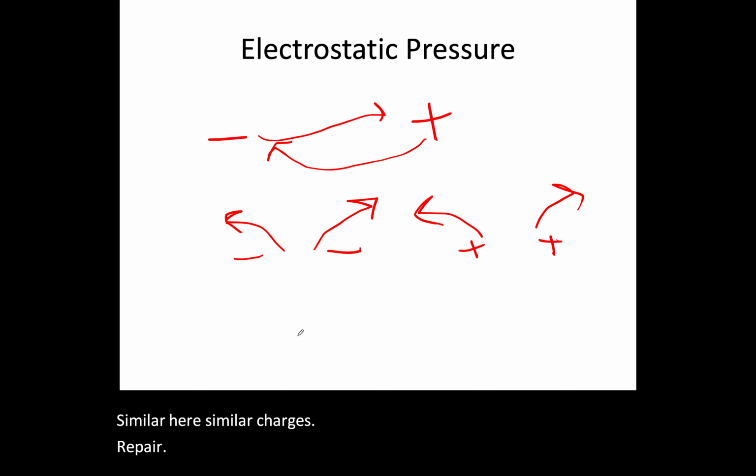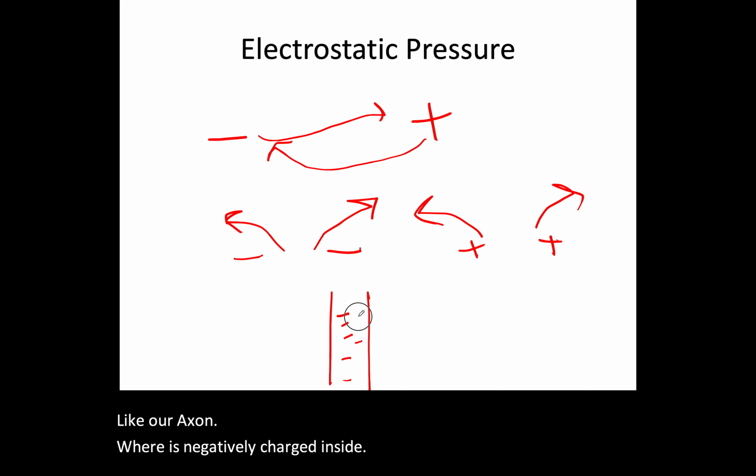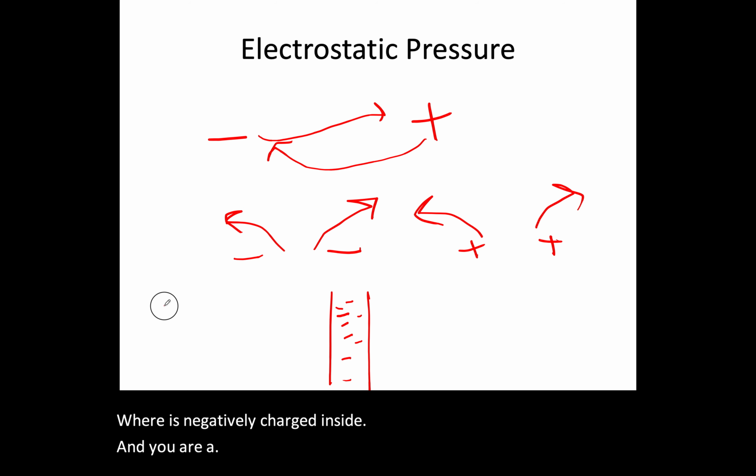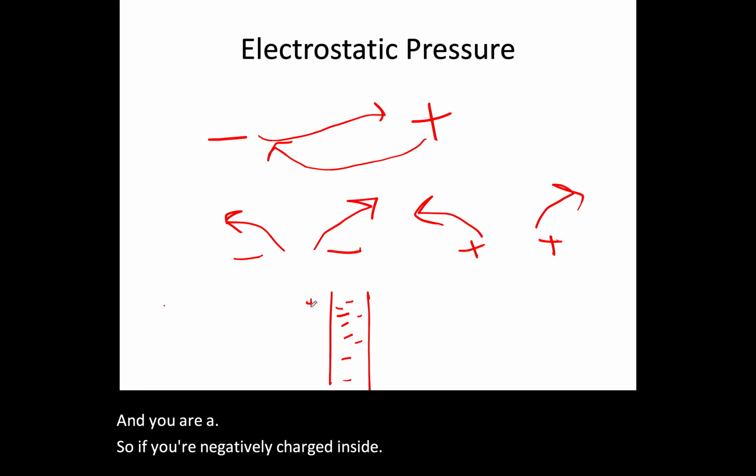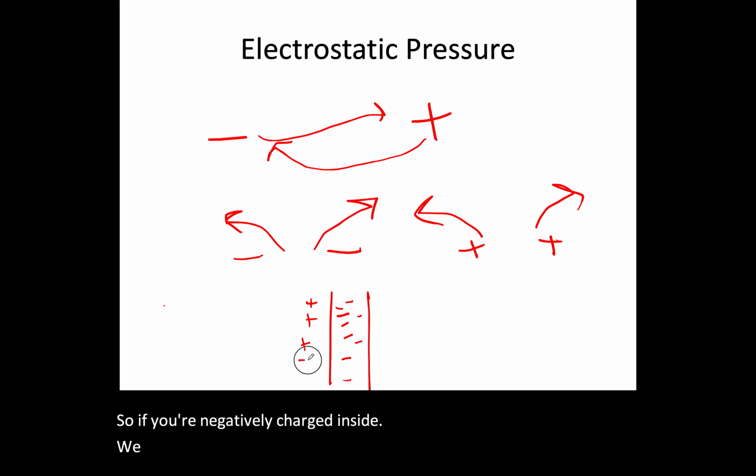Now, if we have an area like our axon where it's negatively charged inside, so if you're negatively charged inside, you're positively charged outside, right?